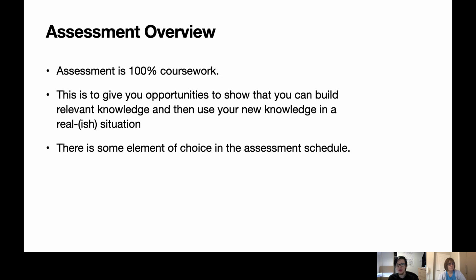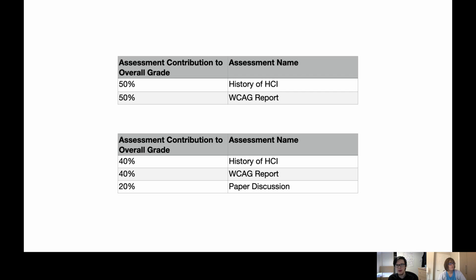And so there is some element of choice in the assessment schedule as well, which I think is on the next slide. Yeah, so you have two options here, one of which is to have 50% of your grade done by the history of HCI. So this is the report and the presentation that you'll be doing, and then 50% on the report on the web content accessibility guidelines.